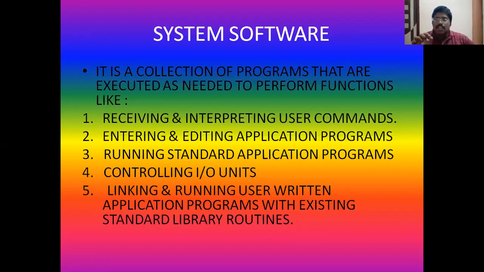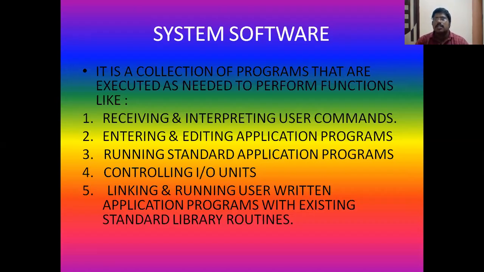Whenever you write hash include stdio.h and hash include conio.h, it is automatically linked with the header files called standard IO and conio. By using those header files only, you get all the operations done. If you haven't included those two files, obviously you will get errors in execution or in the answer. That is the same thing that is happening.